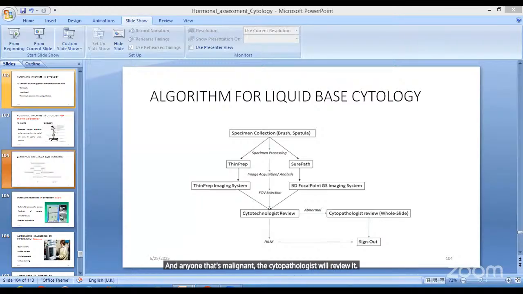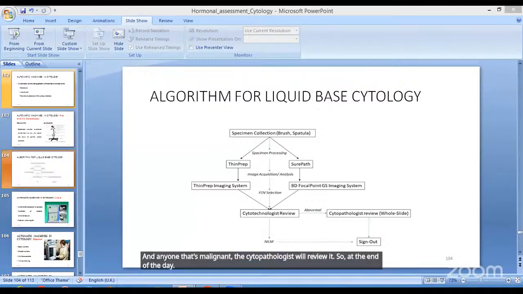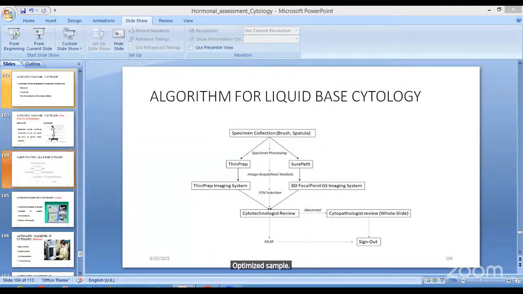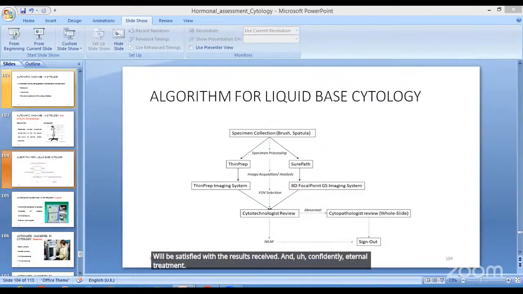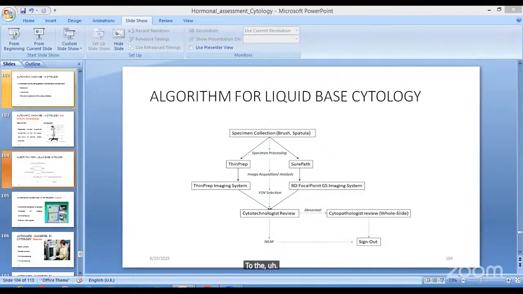So at the end of the day, you have quality results and optimized sample management. The clinician or the requesting gynecologist will be satisfied with the results received, and can confidently administer treatment to the patient. Everybody working hand in hand to see that the patient gets better.